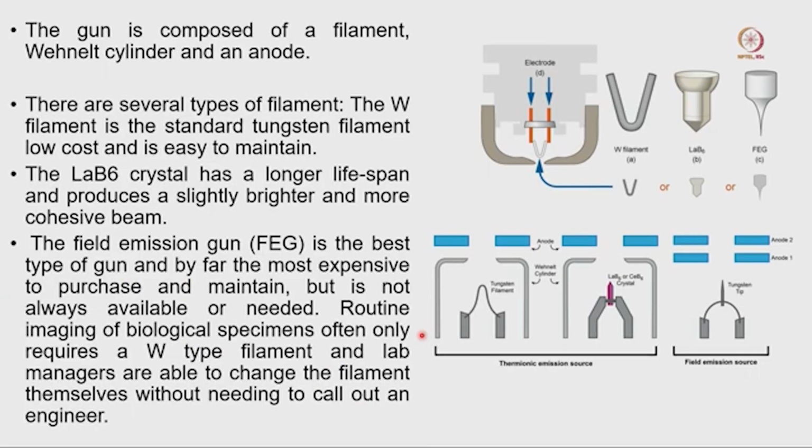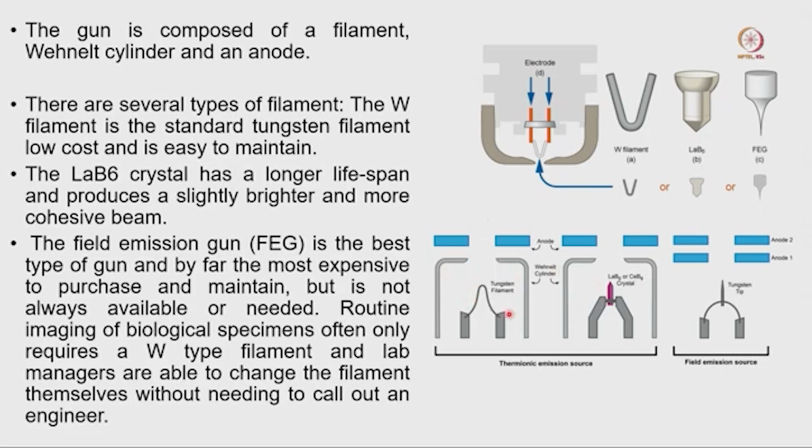And this is a side by side comparison, so you can see what kind of differences there are. This is one of the tungsten filaments, and in both cases we can use them for thermionic emission: one is the LaB6 filament and the other is the tungsten filament. We have an anode which helps us extract the electrons, and this is our Wehnelt cylinder.